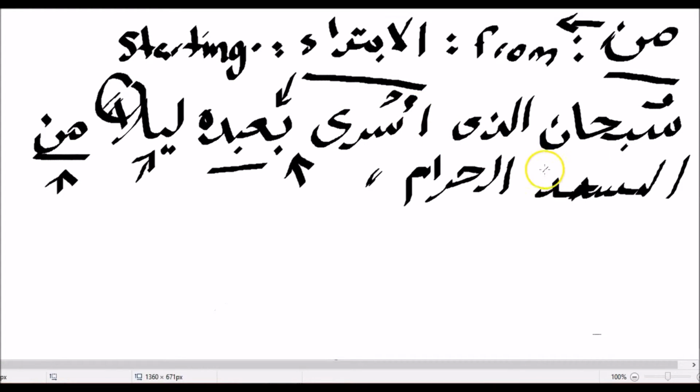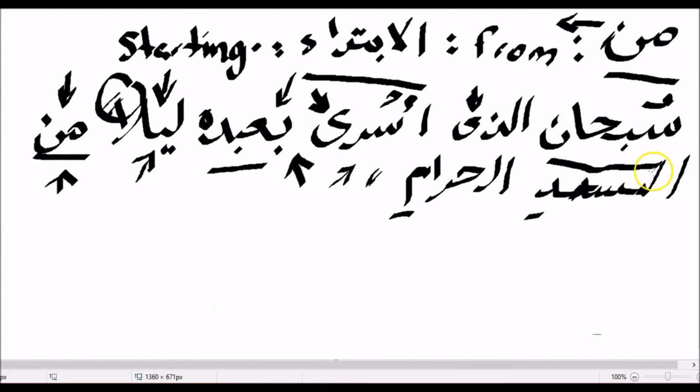This means far above any imperfections is the one who, alladhi, is the one who asra bi'abdihi, caused his slave to travel in the night, which is asra here. Laylan, travel in the night. Min, from al-masjid al-haram.